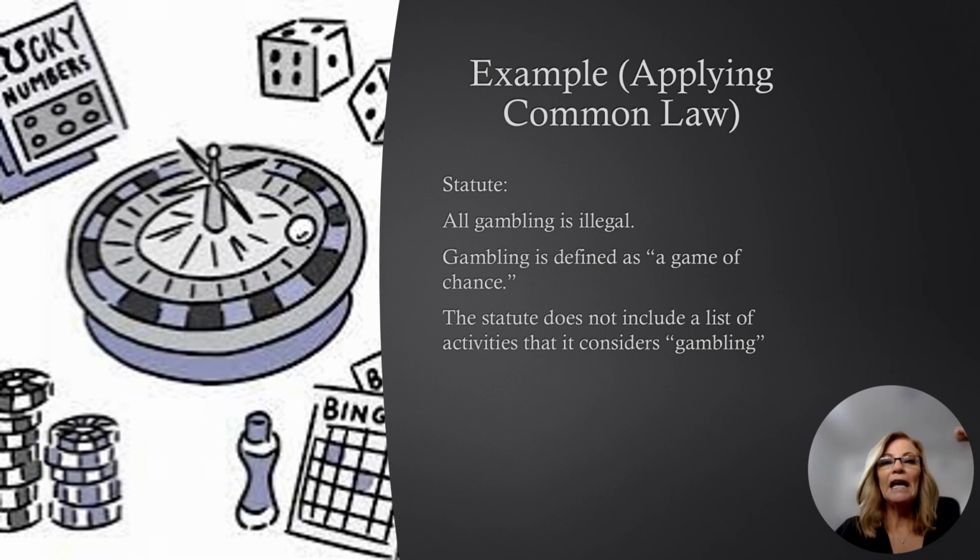It just says gambling is illegal, or maybe it includes all of those things, but it's not an all-inclusive list, meaning it's not exclusive to those things. So it says some examples, or it says to include but not limited to bingo and roulette and dice and poker. And so what we have is defined as a game of chance.